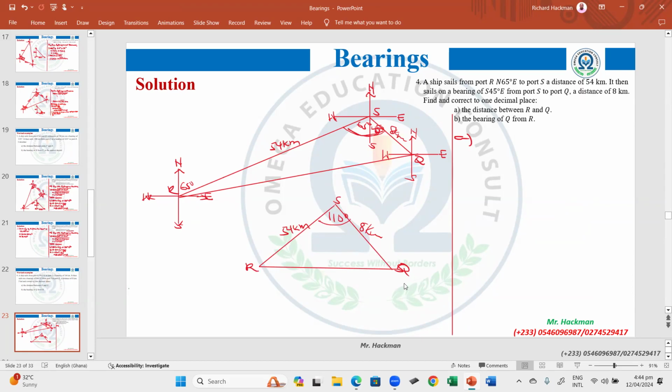So the included angle in this situation is the angle at S. Whenever you have this situation, we have to use the cosine rule in finding the unknown side. Is my point well made? Okay, and you all know, who doesn't know the cosine rule?